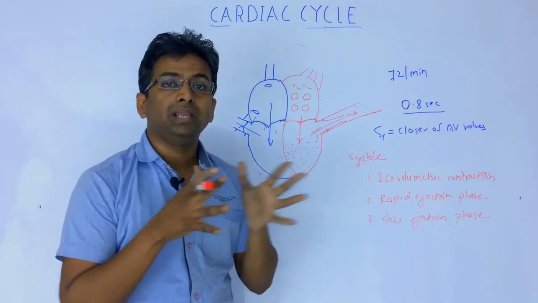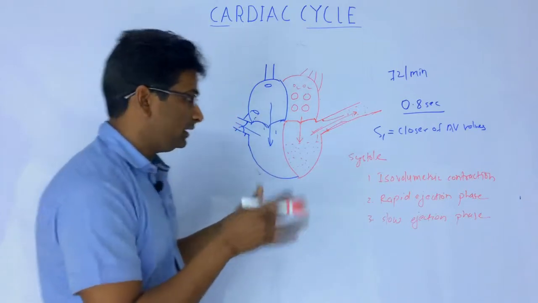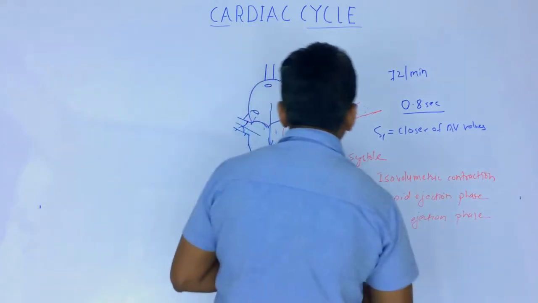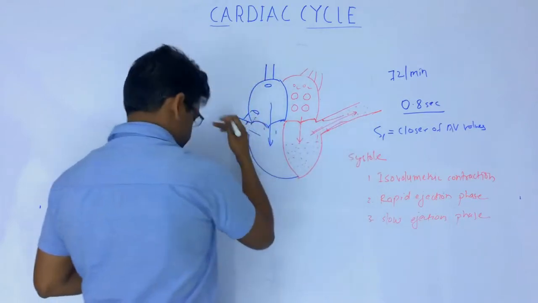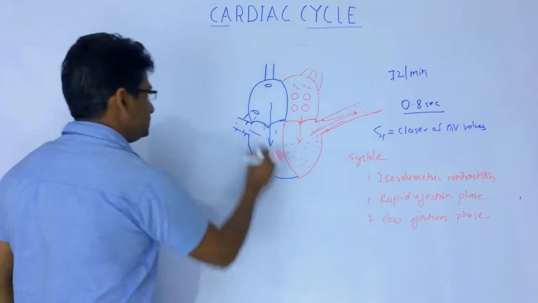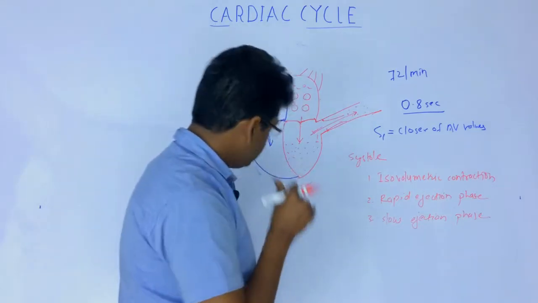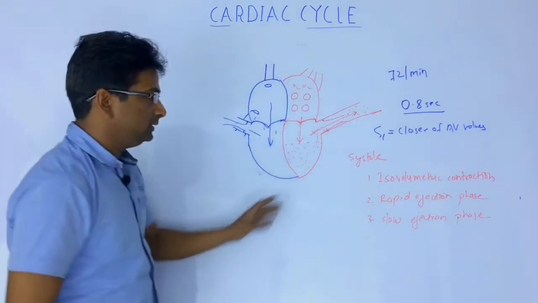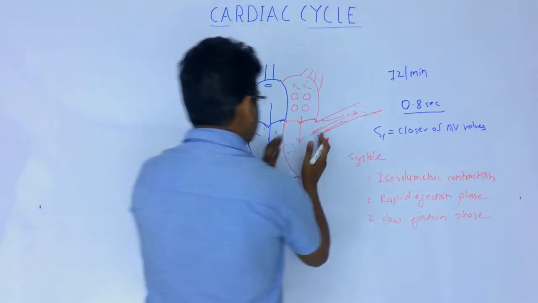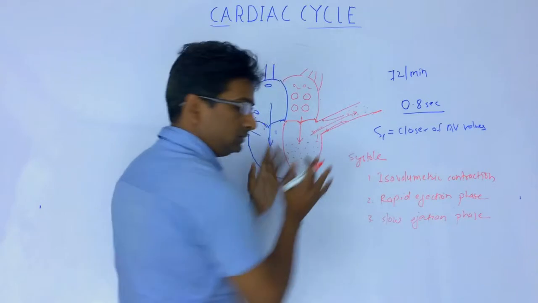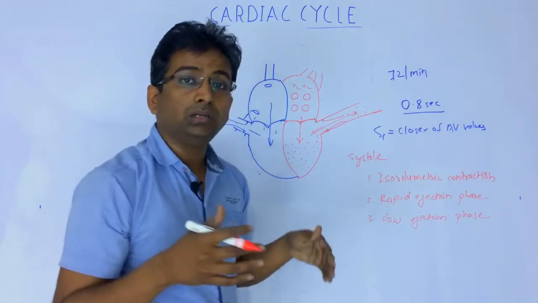Now there is the end of ventricular systole. The ventricle has started relaxing. Initially the semilunar valves are wide open because the ventricle has ejected the blood into the aorta, and the right ventricle into the pulmonary artery. Now as the ventricles start relaxing, what will happen to the pressure inside the ventricle?